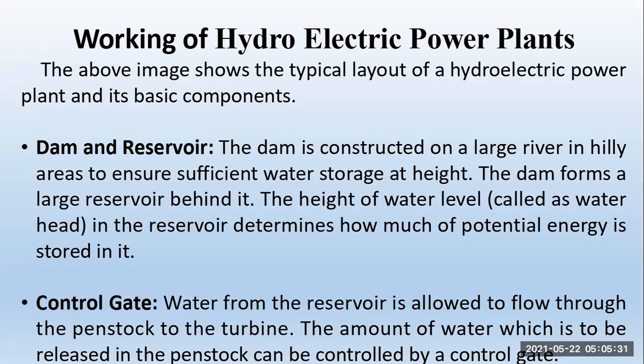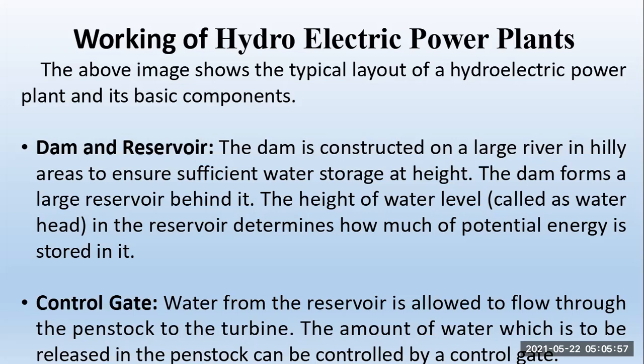The above images show the typical layout of a hydroelectric power plant and its basic components. Dam and reservoir: the dam is constructed on a large river in hilly areas to ensure sufficient water storage at height. The dam forms a large reservoir behind it.